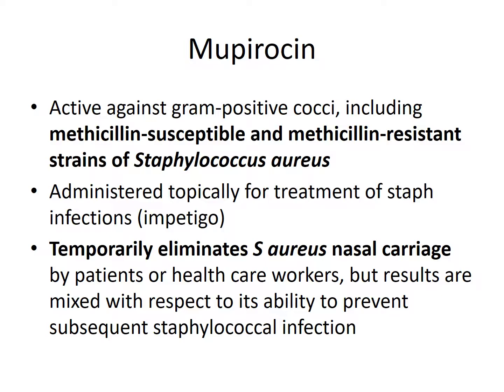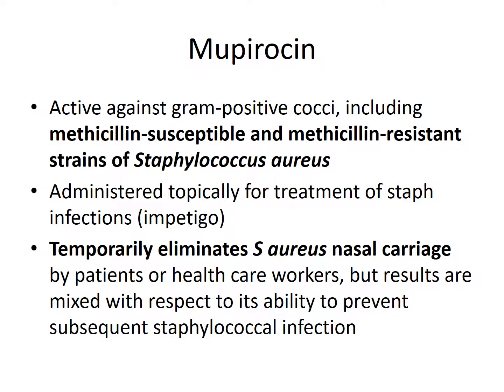So people often will do nasal swabs of patients coming into the hospital to see if they are MRSA positive or negative. And if a patient comes into the hospital MRSA positive, so be it. But if the patient comes in MRSA negative and leaves the hospital MRSA positive, then it suggests that there's been some nosocomial transmission of MRSA.